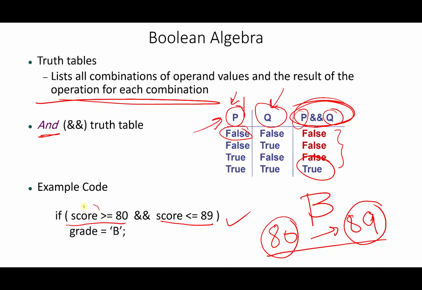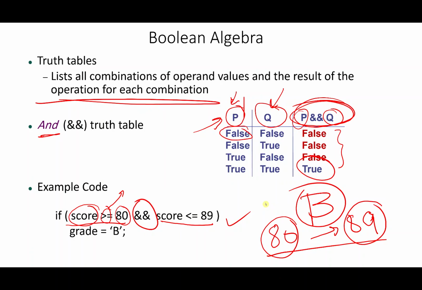I would say if your score is greater than or equal to 80, the equal is the inclusive part, right? So score is greater than or equal to 80, and score is less than or equal to 89, you get a B. If any of them is false, you don't get a B.